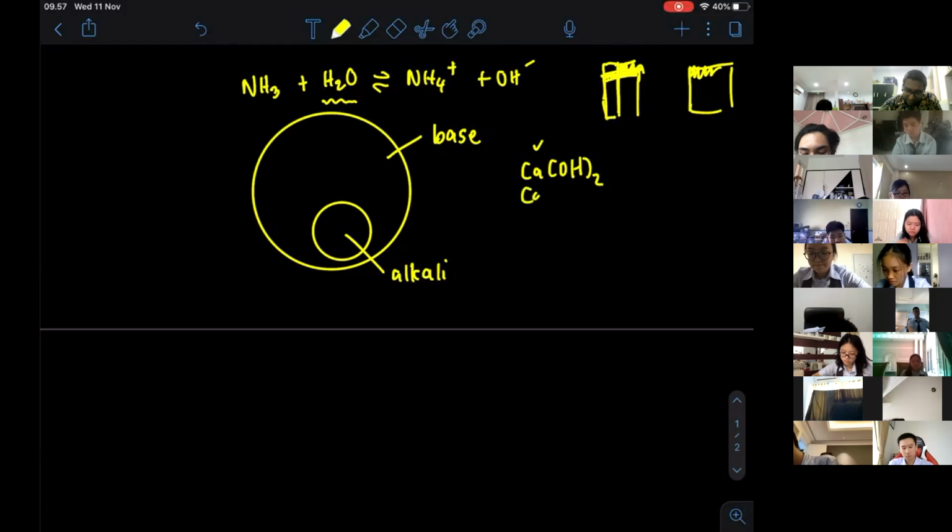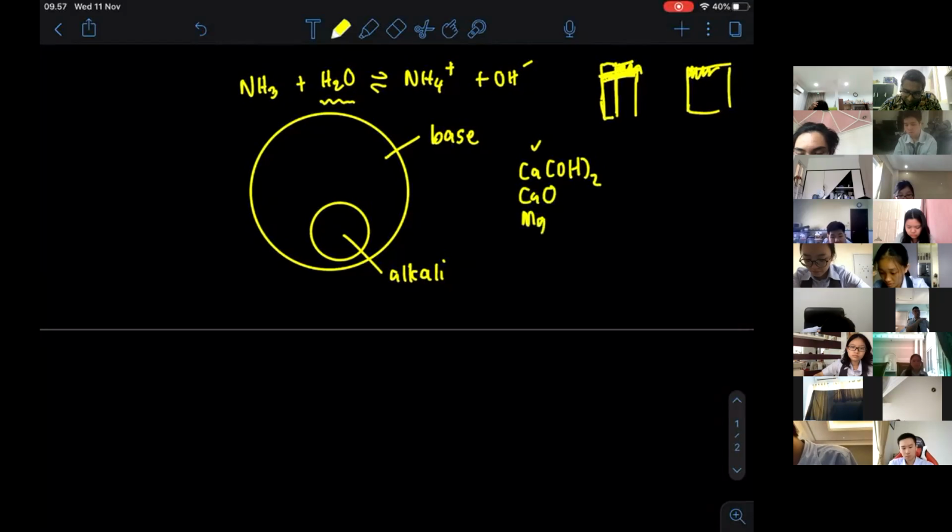For example, calcium oxide is not soluble in water, but it's a base. Another example is MgO from group 2. They are bases, but they are not alkali.